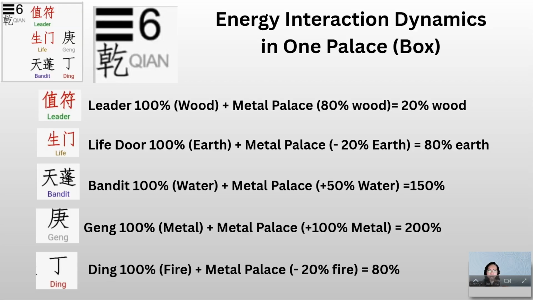In each box, all of them are originally 100%, and we see how they are impacted by the palace element. We look at the first one, the Leader, the god. Again, we emphasize that originally they are at 100%. When the Leader sits in the metal palace, its energy will be depleted by 80%. Why? Because metal chops the wood, correct?